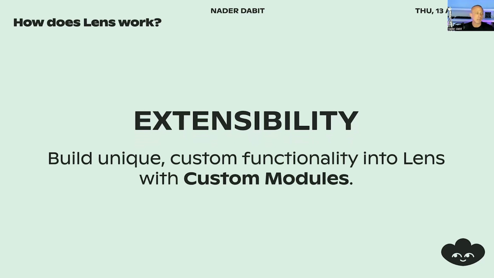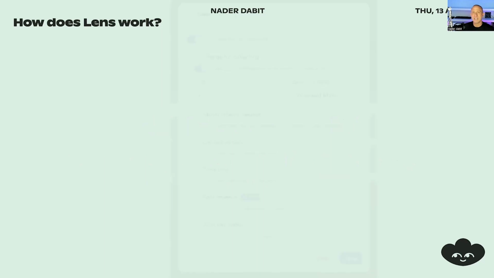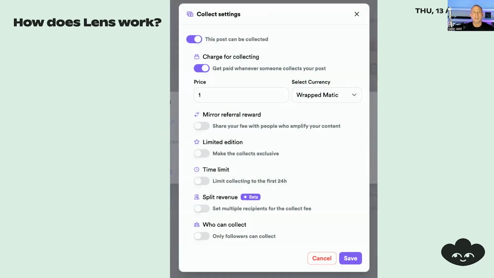You can build out your own custom functionality using one of these modules. So an example of some of this custom functionality is some of the different options that you now have for collecting a post that you as a creator are sharing. And this is an optional screen that you can get to. By default, all of this stuff is set to a smart default.